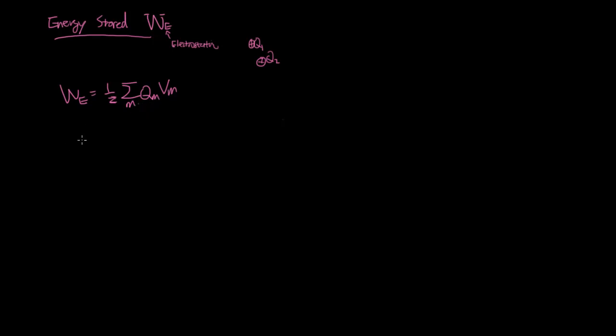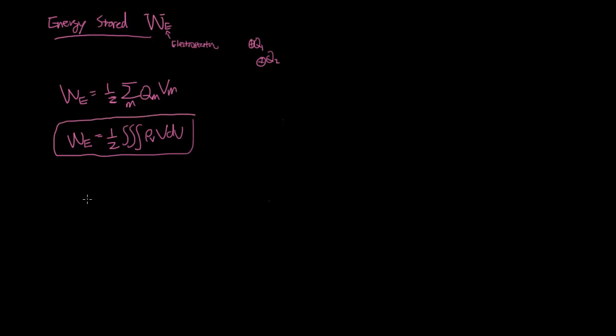If we were to rephrase this in terms of charge density, that is another common kind of calculation that we have to make to find the stored energy. In that case, if we're talking about volume charge density, it would be rho V times V dV. So we can also rewrite this in the form of a volume integral.